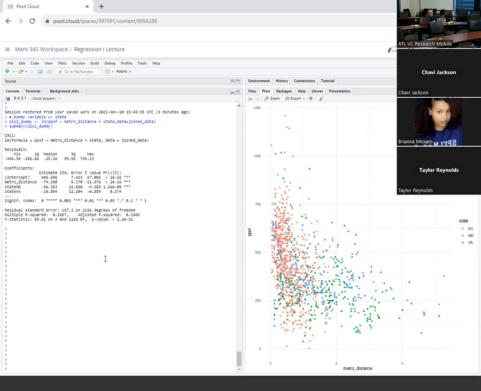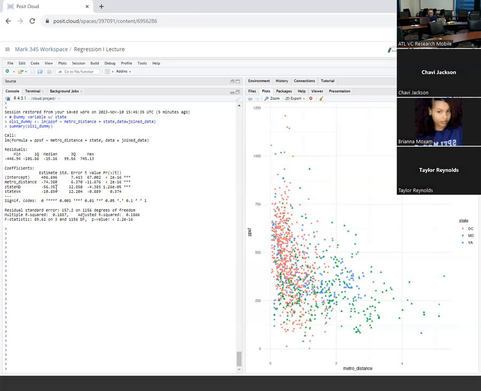Okay, now can you explain to Shavai and Brianna how you are making that kind of determination? Because you said it's significant that the expected price per square feet in Maryland is significantly different from that in DC. And the way that you determined that was you looked at the 3 asterisks, you looked at the p-value, and you've concluded that at least at the 1% significance level, you can reject the null that they're equal. In other words, you reject the null that this thing's equal to 0, right?